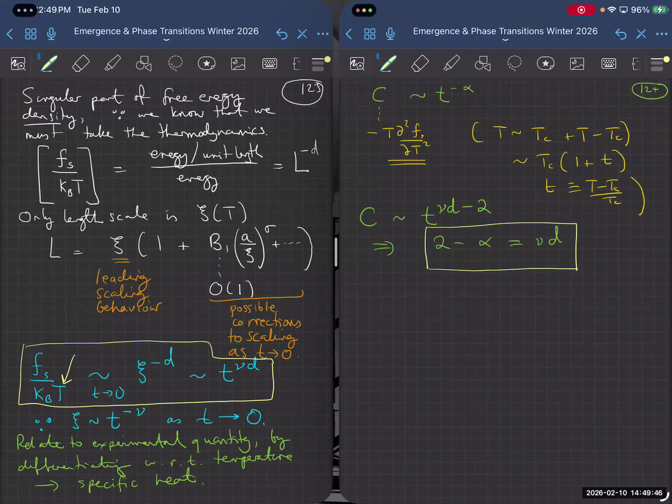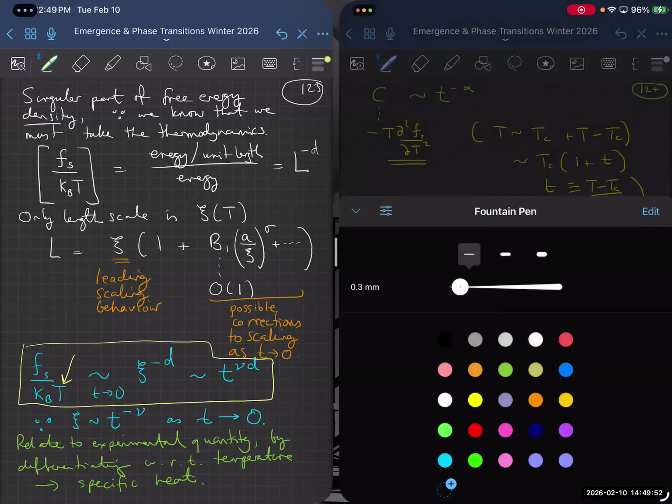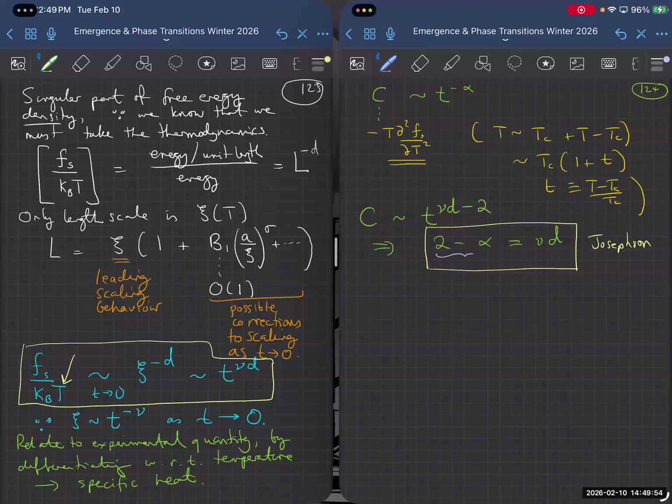And this is important for the following reason. If I look at the left-hand side here, this relates thermodynamics. This term nu tells you about the critical exponent for the correlation length.